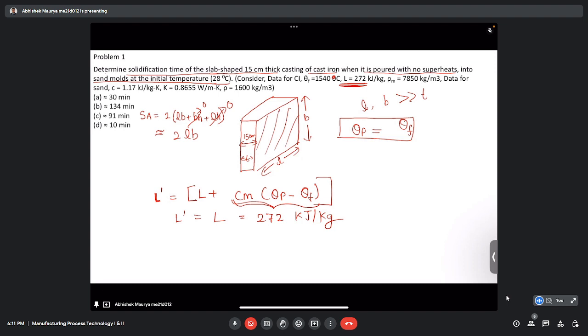These are the major areas, this face and the opposite side of this face.